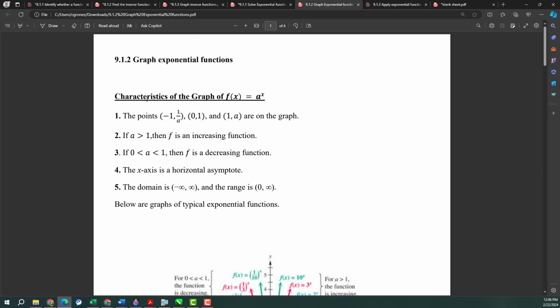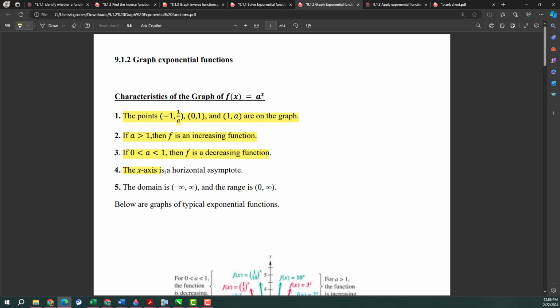So, characteristics of the graph of f of x equals a to the x. This is helpful information. It says the points (-1, 1/a), (0, 1), and (1, a) are on the graph. That is something that I'm going to highlight. If a is greater than 1, then f is an increasing function. If a is a fraction, in between 0 and 1, then f is a decreasing function.